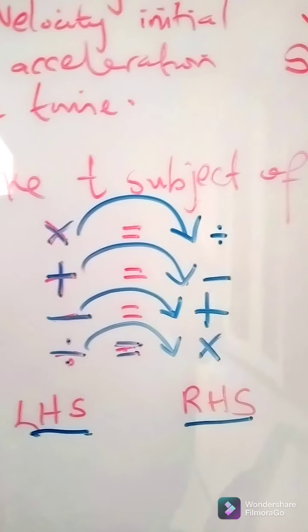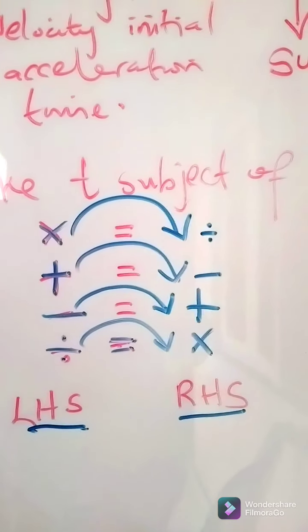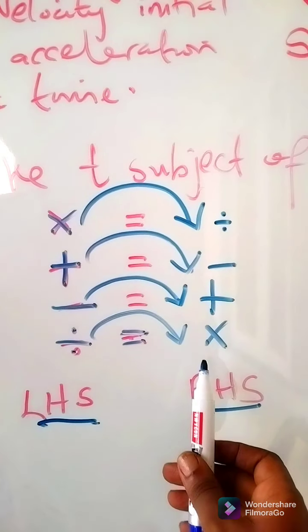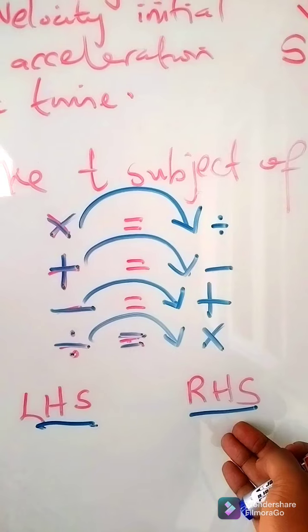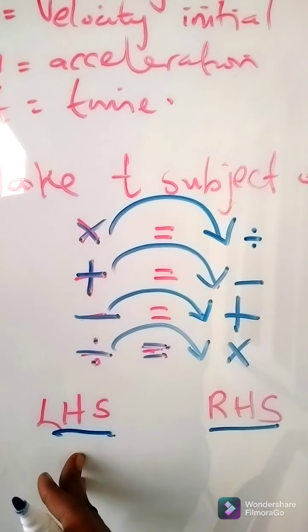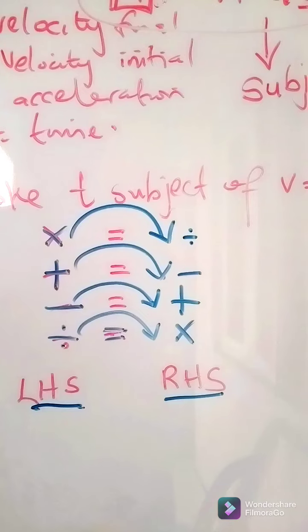We're going to see other examples of how this works. This works vice versa: from the right hand side to the left hand side, or from the left hand side to the right hand side, we'll have the same thing.